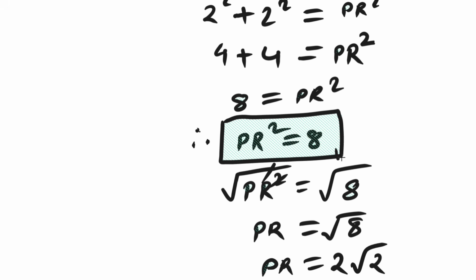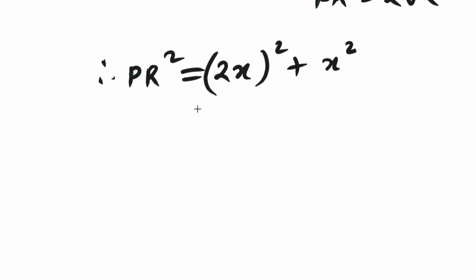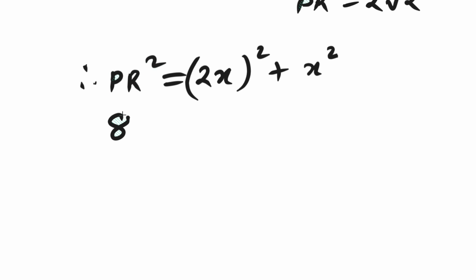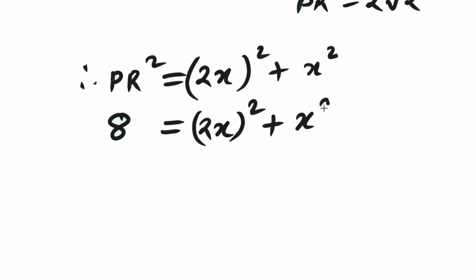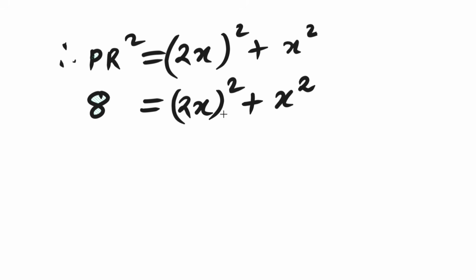From our semicircle calculation, we know that PR squared equals 8. So now we substitute that value. We get 8 equals 2x whole squared plus x squared. Let's simplify this carefully. 2x whole squared means 2x multiplied by 2x.